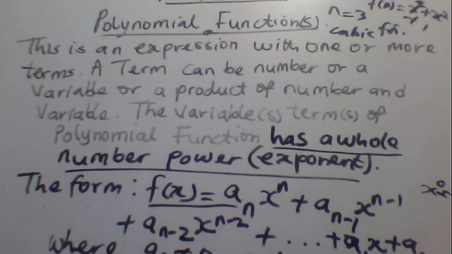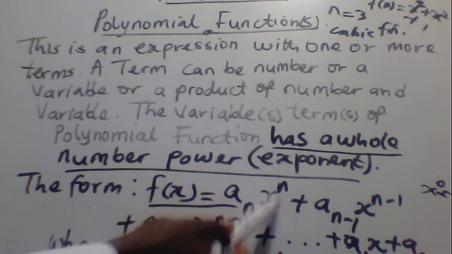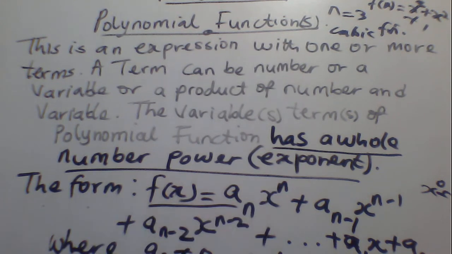So we can now continue. Like I have told you, a polynomial function is an expression with one or more terms. A term can be a number or a variable or a product of a number and a variable. The variable terms of a polynomial function have a whole number power or exponent. That's why I told you the exponent here is supposed to be a whole number.